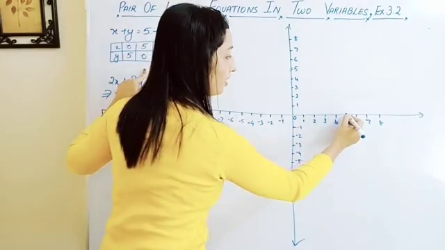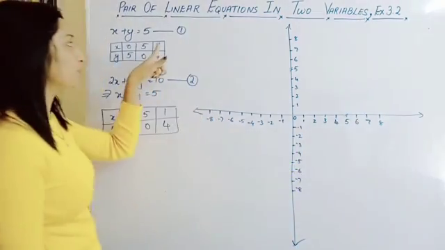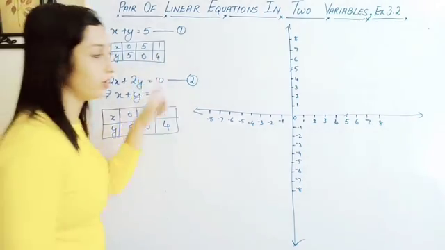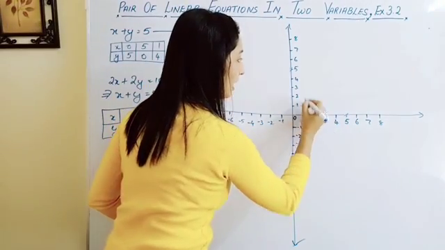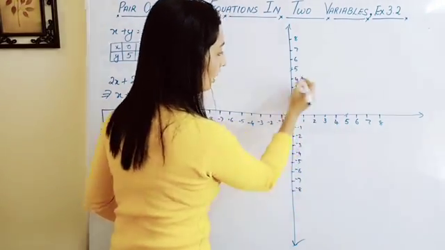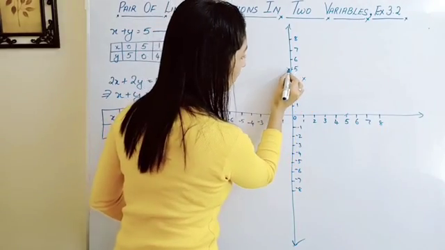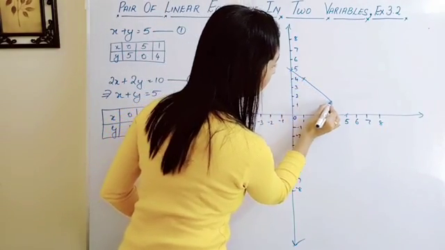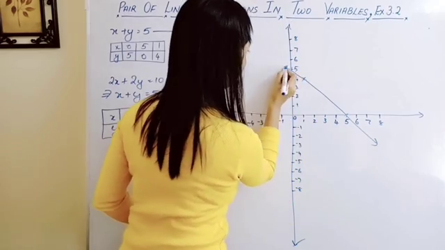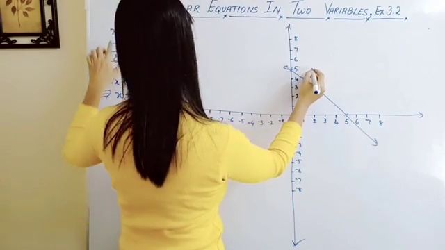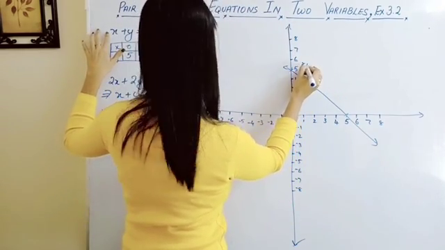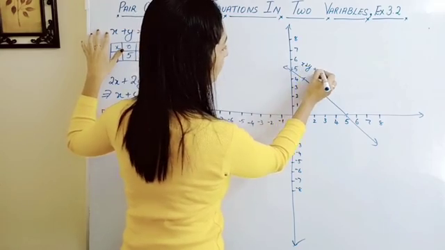Next is 1, 4. 1 at x and 4 at y. So now let's draw a line through the points. And this is our line, and the equation is x plus y equals 5.